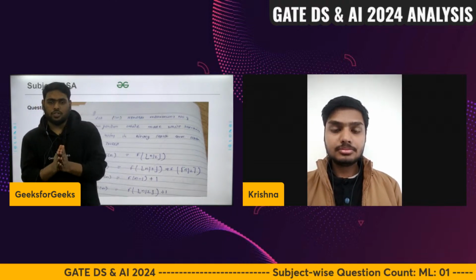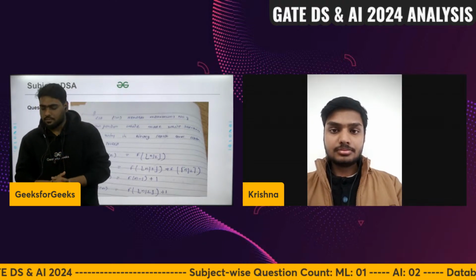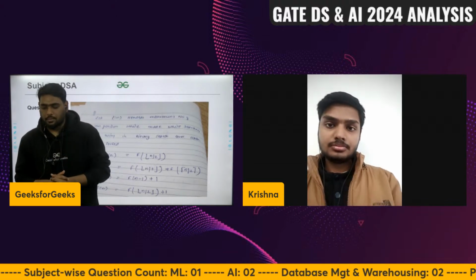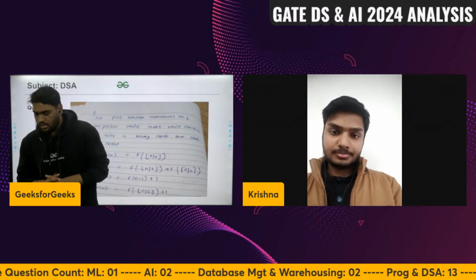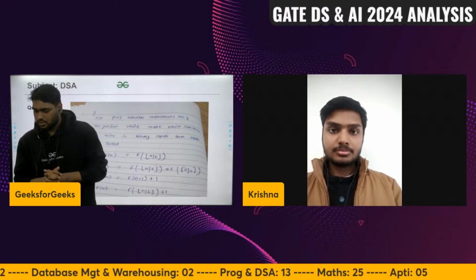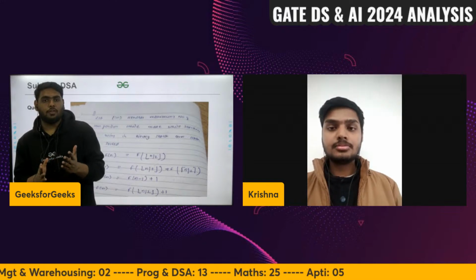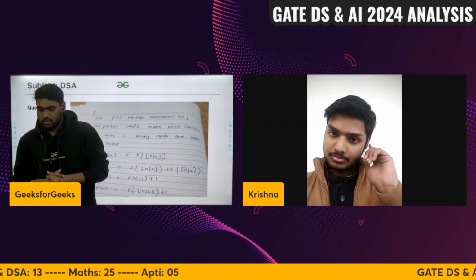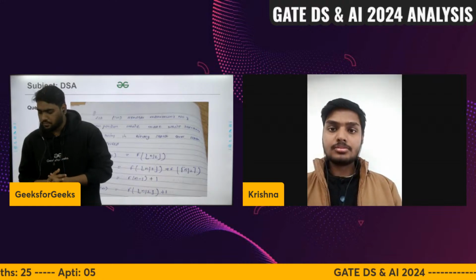If you have any question that you would want to ask Krishna, you can ask him. He has just given the paper that happened today, and he has performed really well. He also remembers most of the things, and he also picked up one of the questions, one of the one-markers of DSA, that we started our session with.